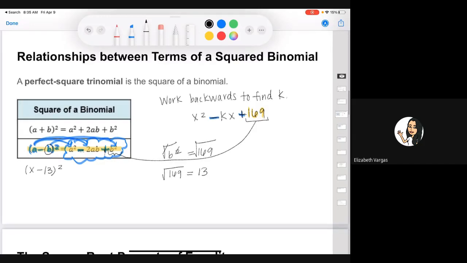I take the square root. Then because it originally was in the form x minus b, I know to use a minus sign there. So I worked backwards and found my original completed square. Now I am able to expand this if I want to solve for k.